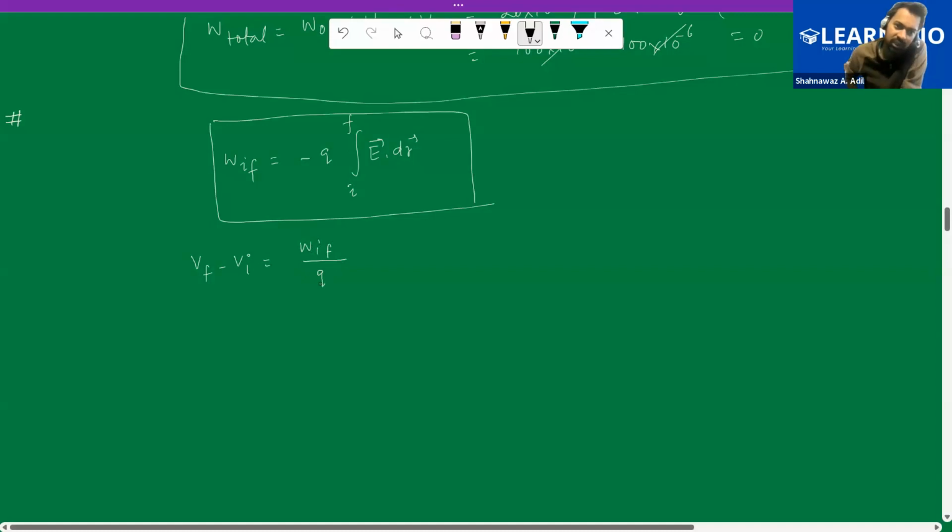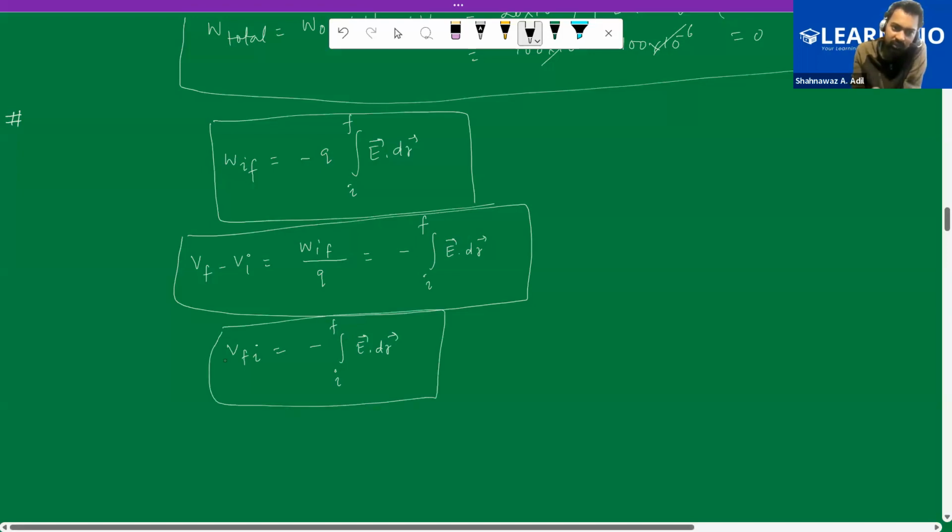So this would be simply minus initial to final E dot dr. This is the potential difference, VFI or VIF, whatever it is, that you guys already know, right?